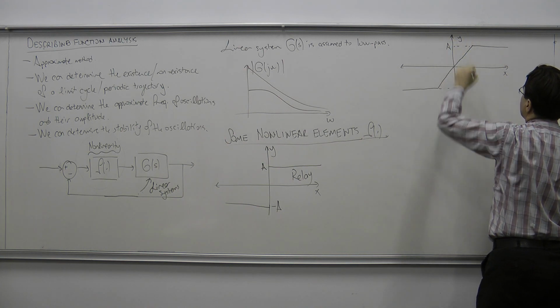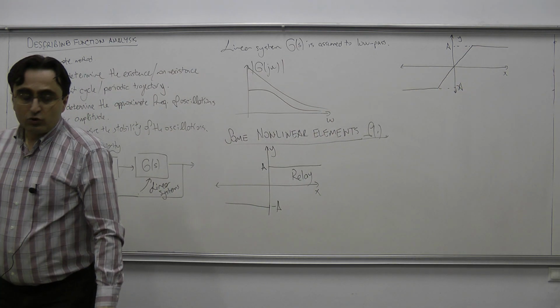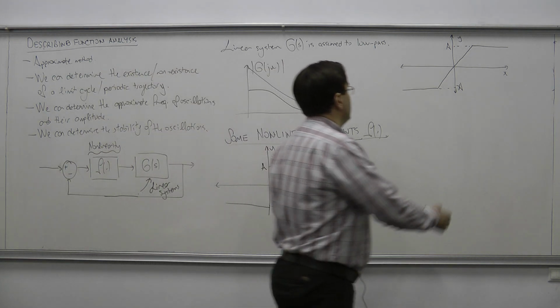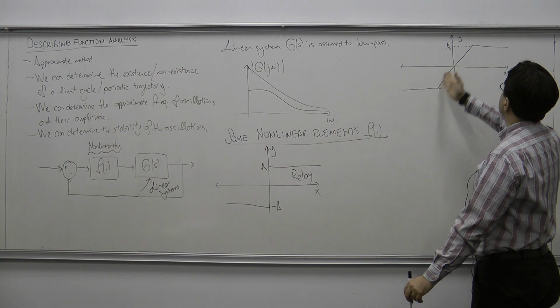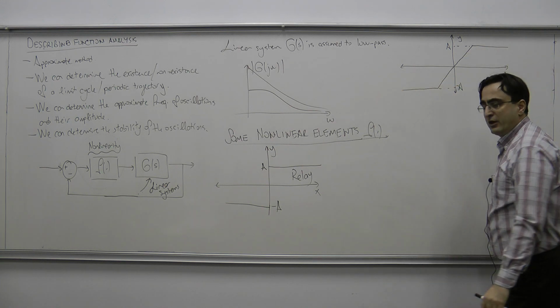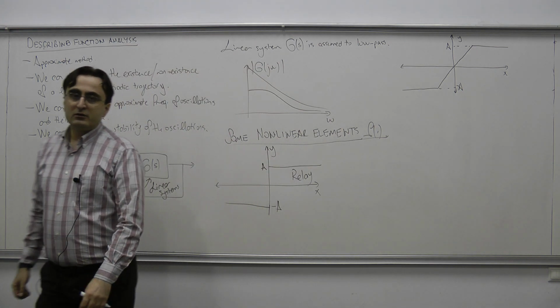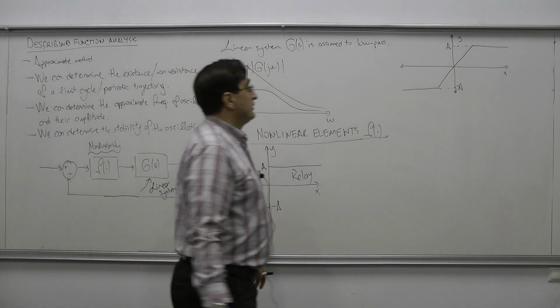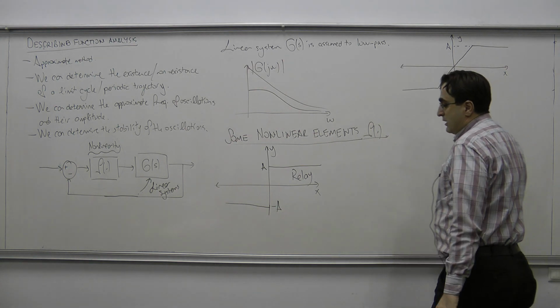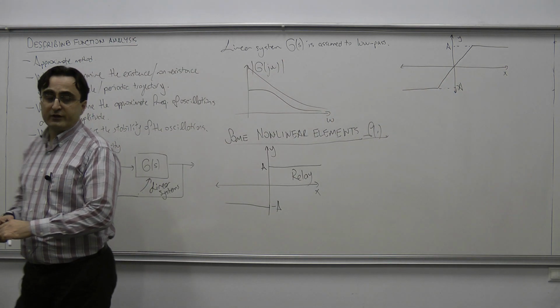I have X, Y. So you see here that this element is linear in some range, and then we have some saturation. When the magnitude of the input becomes larger than a threshold, then the element saturates. This is actually a physical phenomenon seen in actual systems.